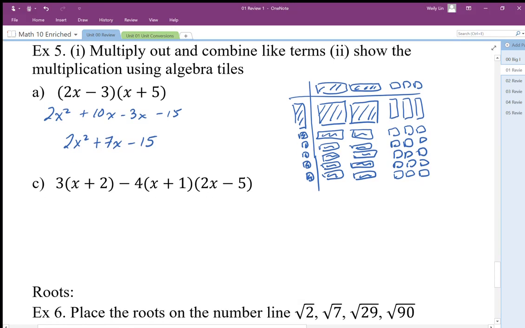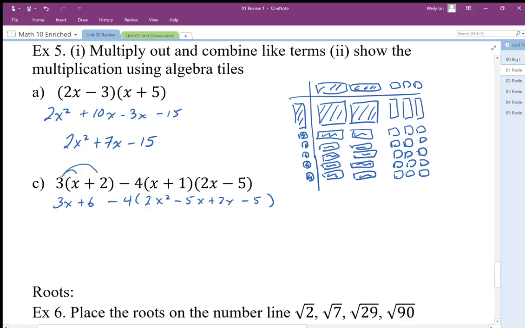Here we're not going to draw the algebra tiles, we're just going to multiply out and combine like terms. Now we have to be careful because there's 3 things being multiplied here. So I'm going to multiply out the first set of brackets. And I'm going to do the binomial first. So I'm going to end up with 2x squared first outside minus 5x plus 2x minus 5.